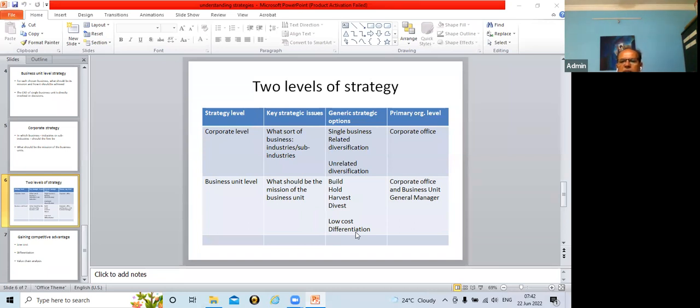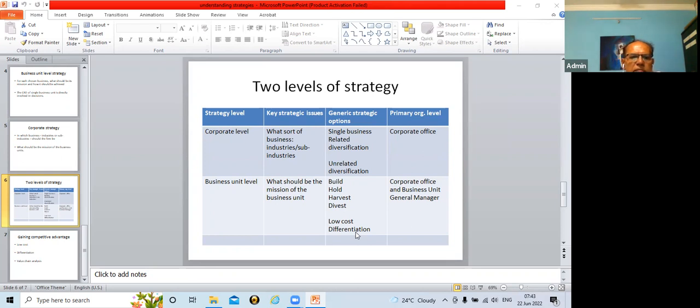Likewise, you pick up any product, there is a differentiation, either low cost or some unique features. And this way, they target their customer and maximize sale. So this is the example of generic strategic options. Either you can go with low cost or you have some unique feature. It is up to the manager. So this way, the strategies are developed.